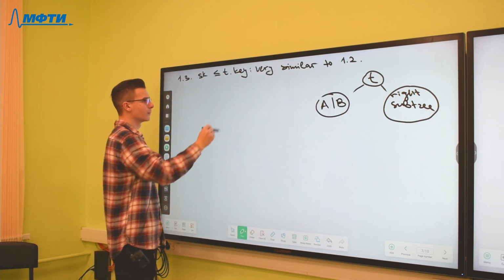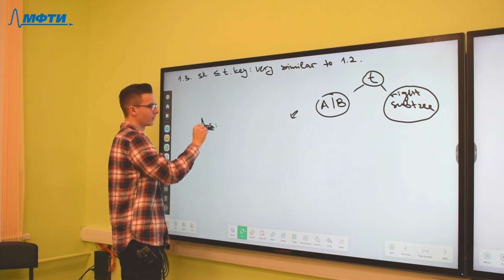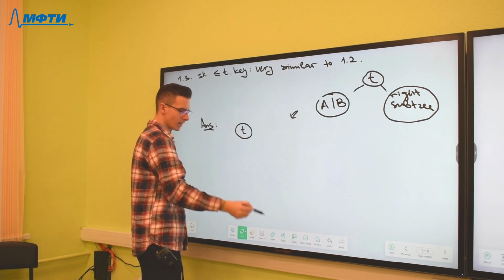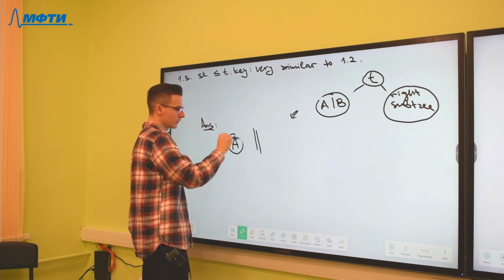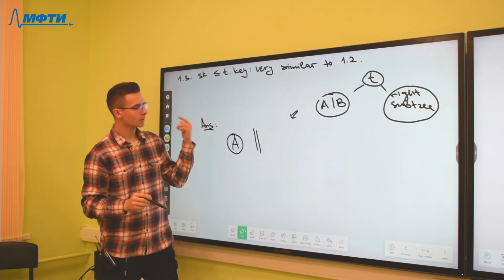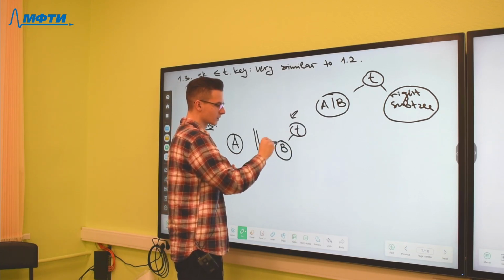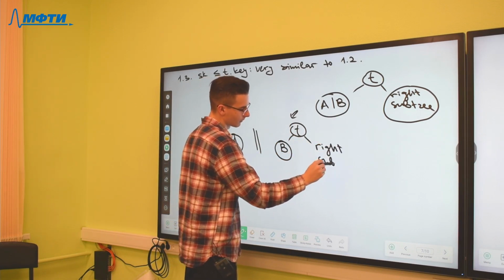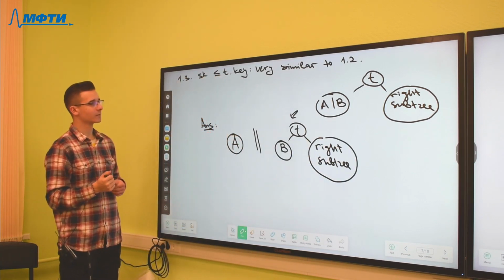And then we write the answer like t with subtree a, the numbers that are less than sk, and t with two subtrees b and the right subtree.